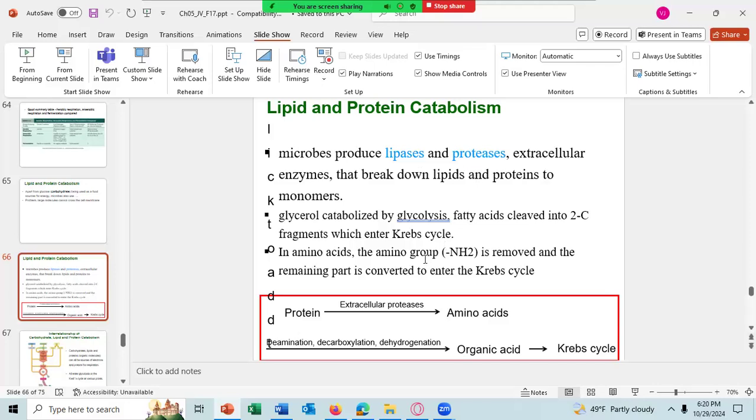With proteins and amino acids, the amino group has to be removed from the amino acid, and then the remaining part of the molecule will enter aerobic respiration, generally in the Krebs cycle. I'll show you that next time. And then you'll pee out the ammonia.